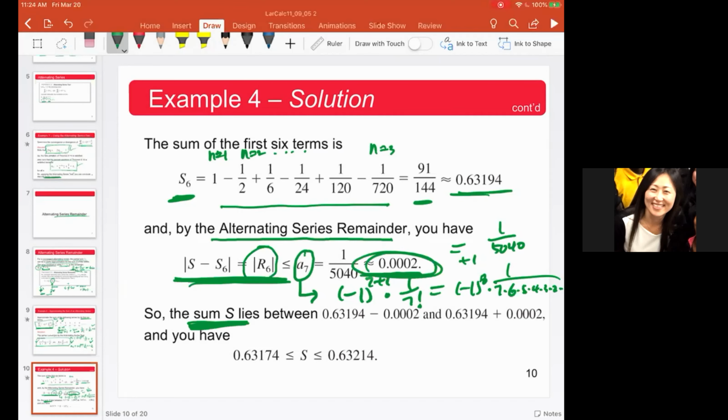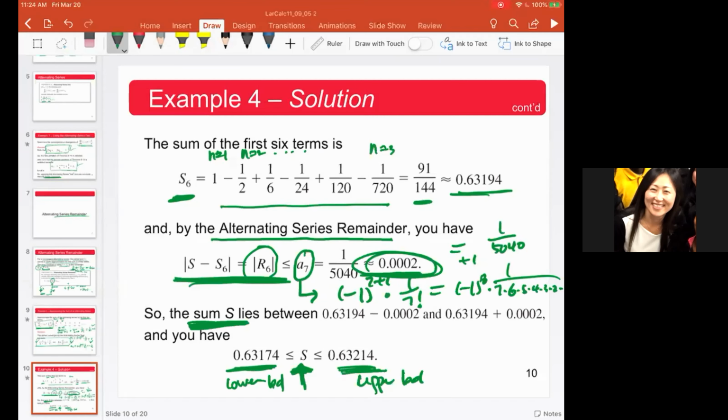So now I can figure out what my S should be. I don't know exactly what S is, but S is bounded by this number and this number. This is my lower bound, and that's my upper bound. So my S, the infinite series, when I sum it up, has to be between 0.6174 and 0.6214.